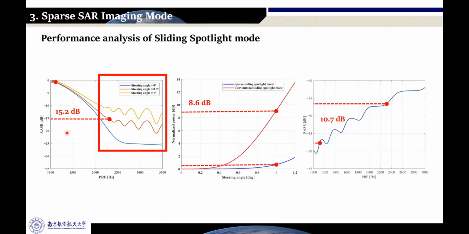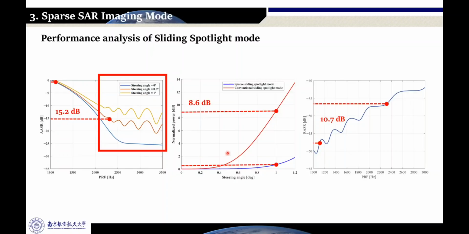But the L2Q norm regularization-based sparse imaging method can solve this problem. The middle figure shows the change in ASR with the steering angle. It is seen that when the steering angle is above 1, ASR deteriorates about 8.6 dB in traditional sliding spotlight mode.